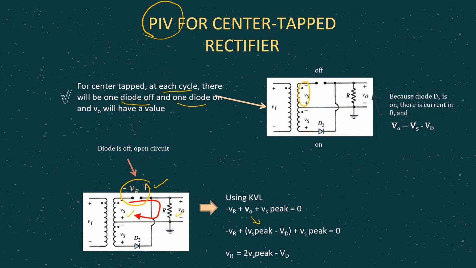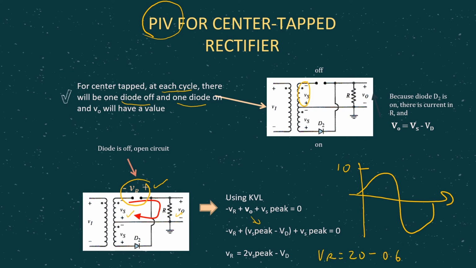For example, if our Vs is 10 sine omega t, Vr for this center tap transformer can be 20 minus, for example, 0.6, so 19.4 volt. Meaning to say in this center tap transformer circuit, we need to choose a diode with PIV rating of at least 19.4 volt in order not to damage the diode.